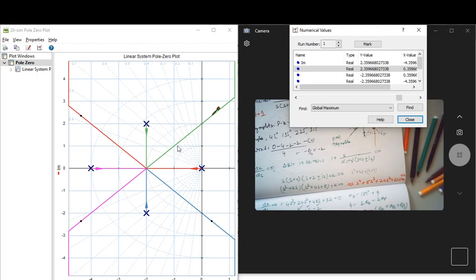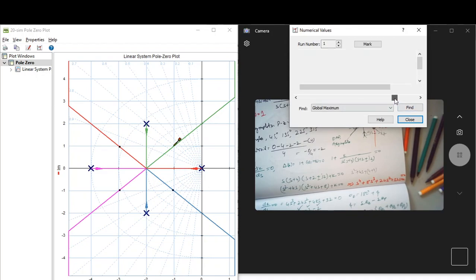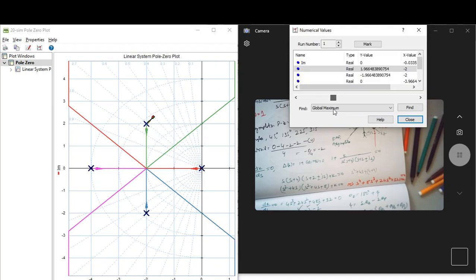One locus is taken care of by the asymptote lying at 45 degrees, this is at 135, this is at 225, this is at 315. So this is a good visualization of how the poles come, meet here, and again break, and again break.